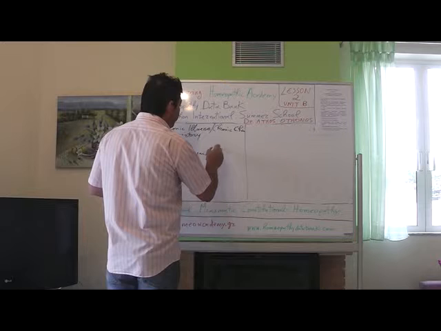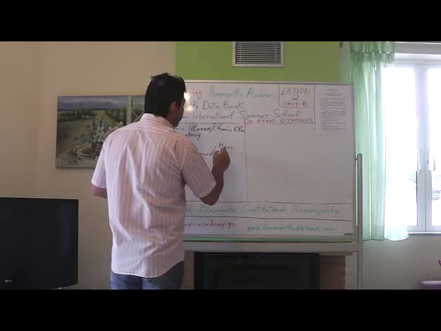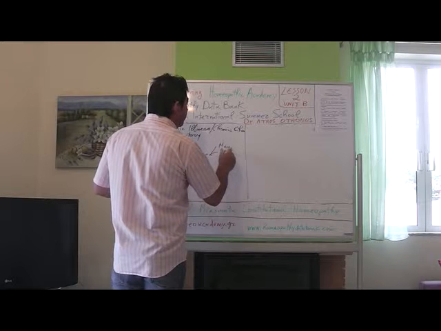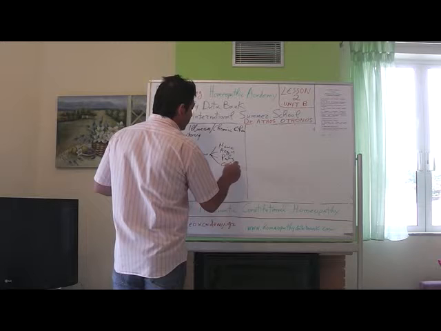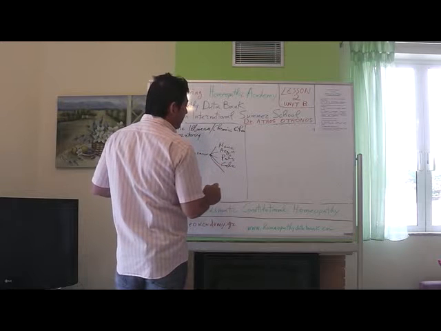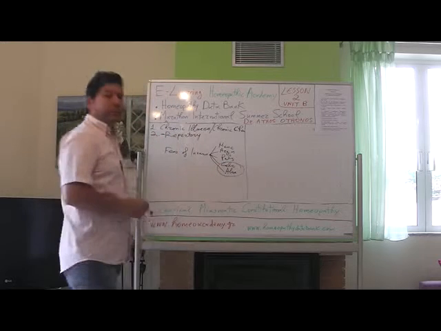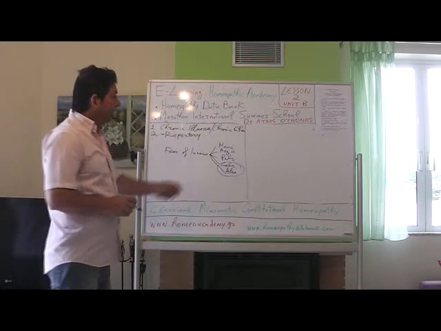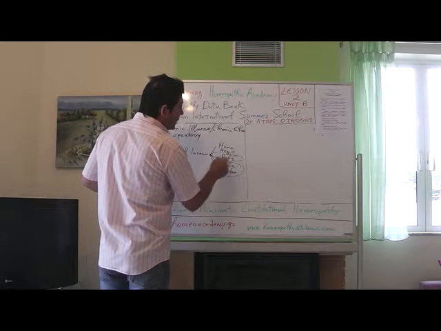You have fear of insanity, Mancinella. You have Argentum nitricum. You have Pulsatilla. You have Calcarea. You have Alumina. These are psoric. This is psoric psychotic.